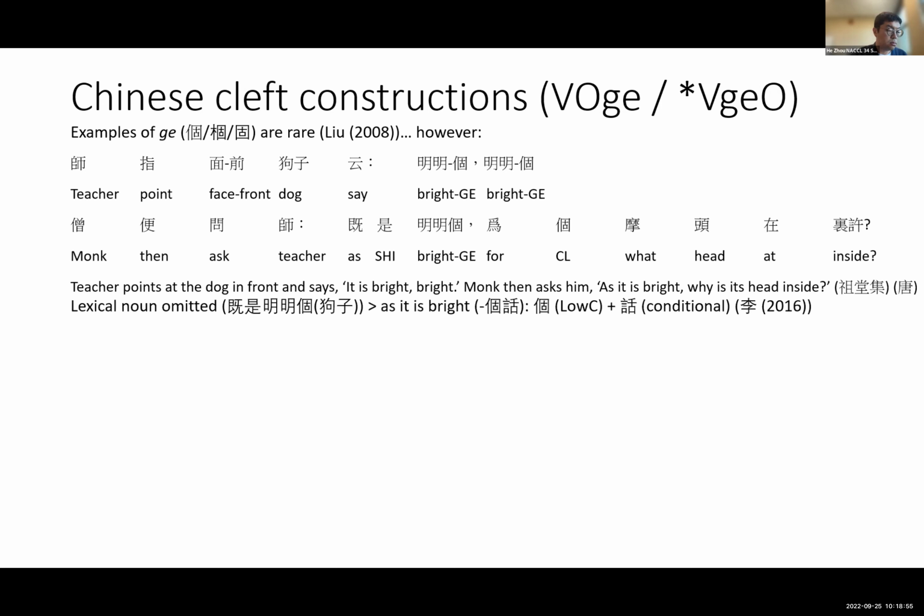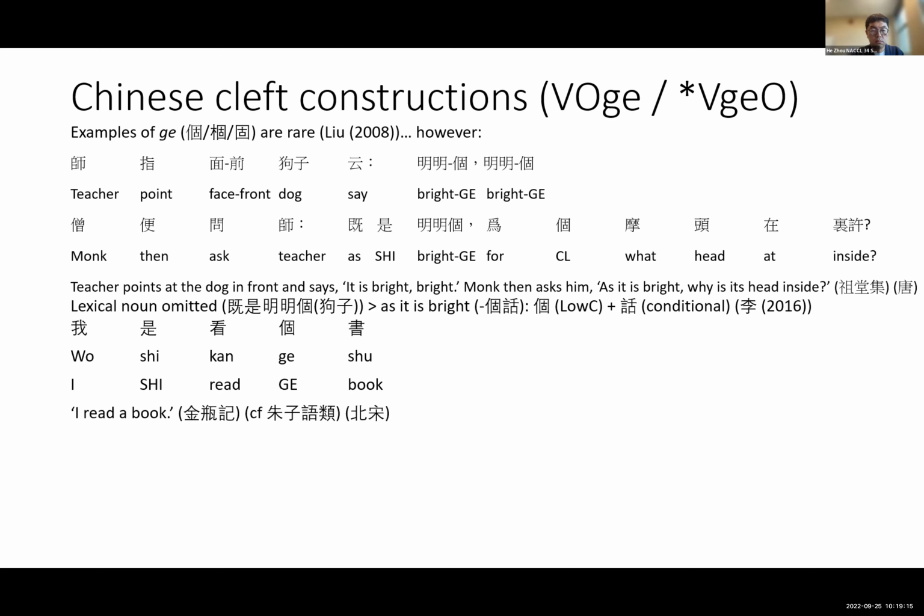Like before, we have the lexical noun omitted, so 鸡是明明的狗子, we can reanalyze as 这个鸡是明明的话, which also has, for example in the dialects, the conditional construction. This also gives rise to a clausal reanalysis.